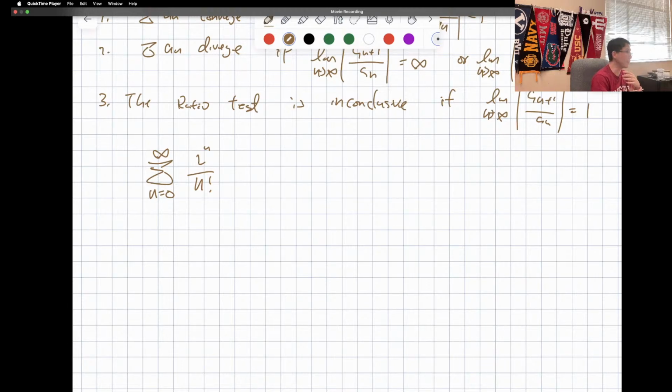Two to the n over n factorial. You're gonna see lots of things cancel out, but you have to know a little bit of exponent rules, and you need to know how to simplify the factorials.